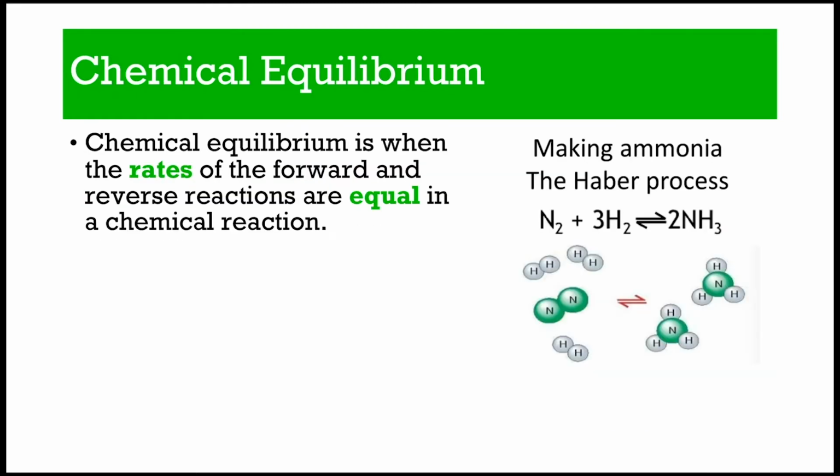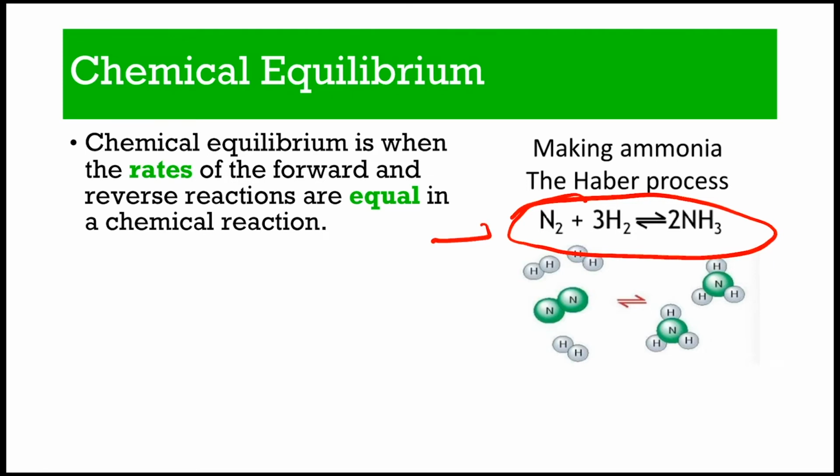All right, moving forward, chemical equilibrium. It's when the rates of the forward and reverse reactions are equal in a chemical reaction. With phase equilibrium, a compound bounces back and forth between phases. With chemical equilibrium, we're not talking about phase changes, but about the actual compounds.